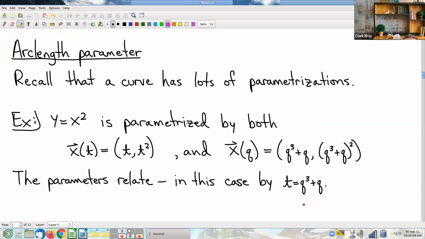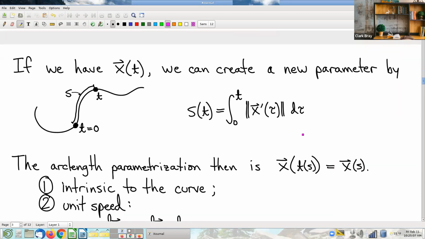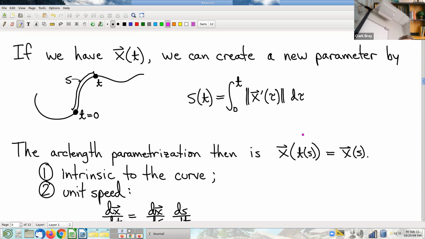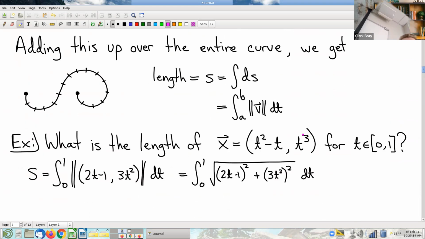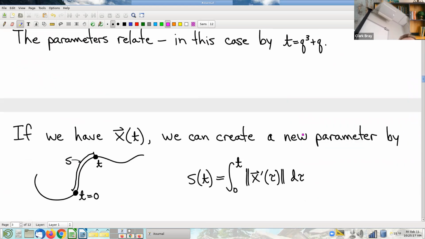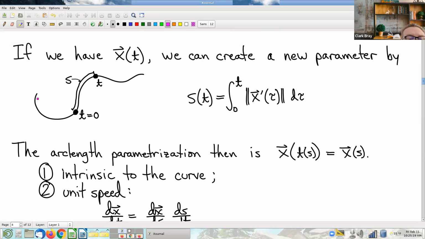Okay, so the big idea is, instead of using time to parameterize a curve, what if we decided to use distance, right? We know how to compute distance. Got a formula there for how to compute distance along a curve. If I have a road, for example, like that, and I could drive along that road and say, I'm going to parameterize by my position as a function of time as I take that little road trip. Right. But another perfectly reasonable way to parameterize would be to say, well, I'm going to define this to be where I am.